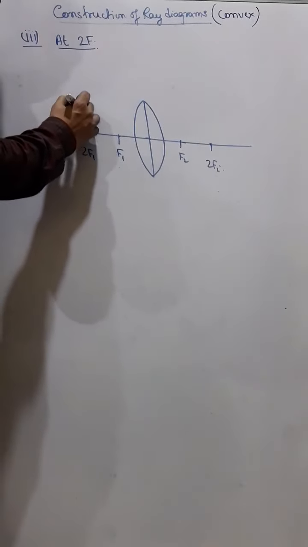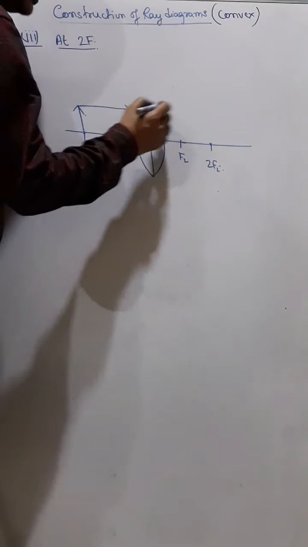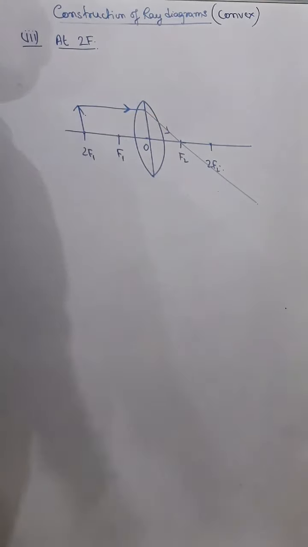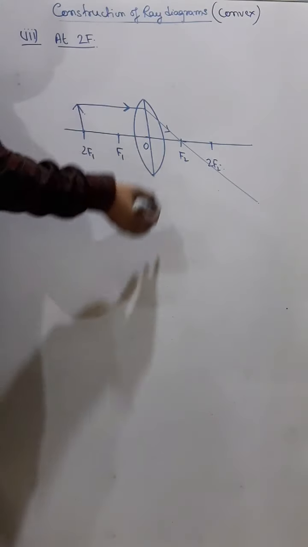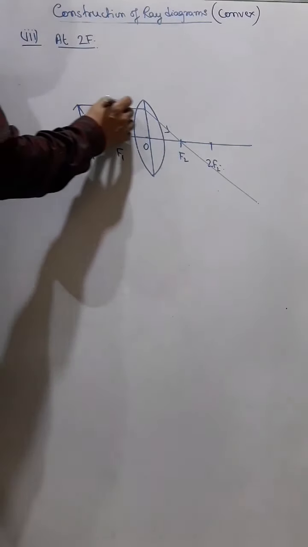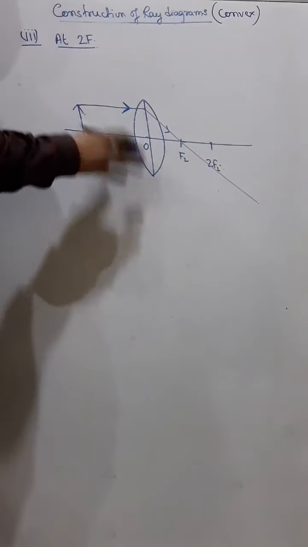Again the same rule: straight, and then it will pass through the focus. Always remember, don't forget to put the arrow on the rays, otherwise you'll get 0. What I advise my students is, as soon as you draw the line, put the arrow at that time only. Don't keep it for the last, at last you may forget.